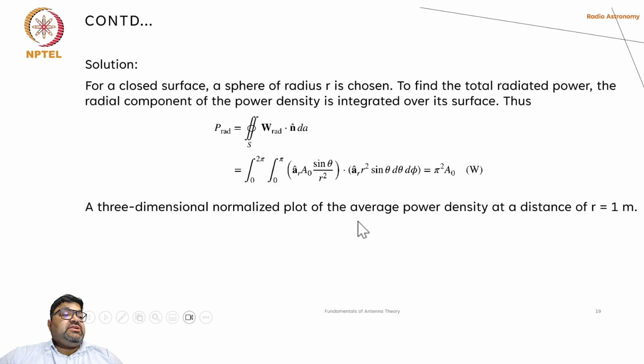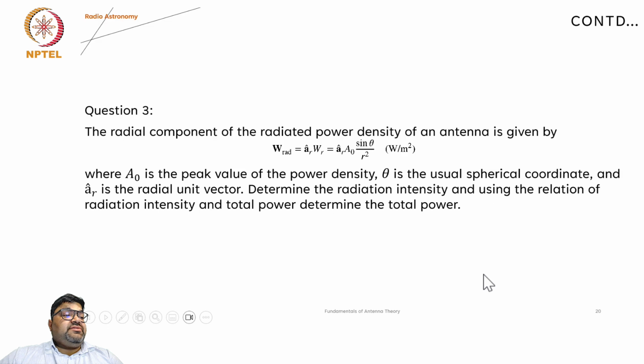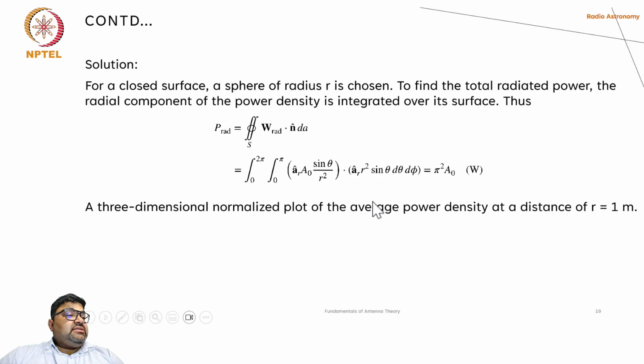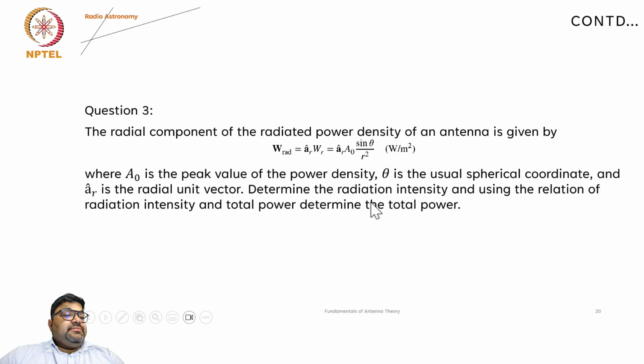So a three-dimensional normalized plot of the average power density at a distance of r equal to 1. Question number 3: the radial component of the radiated power is given as before, similar looking.